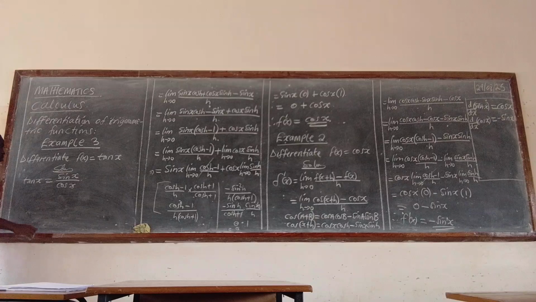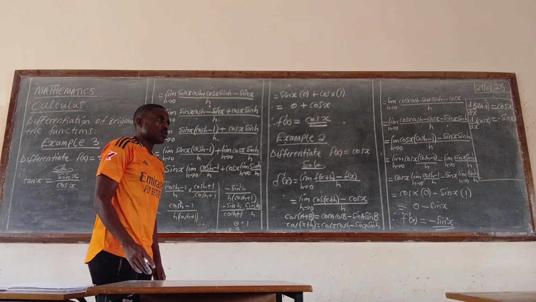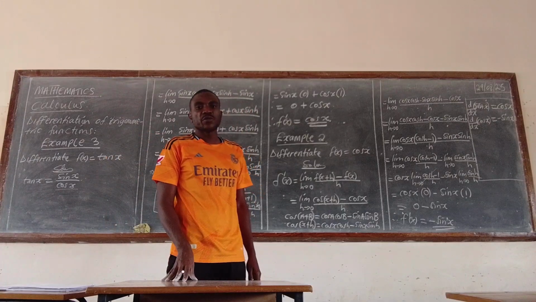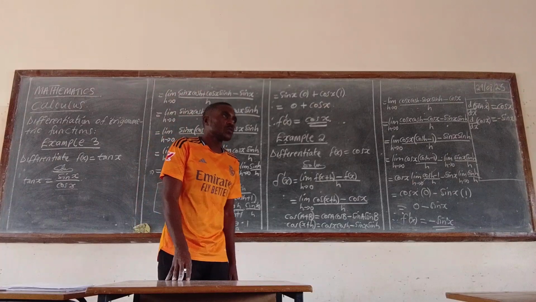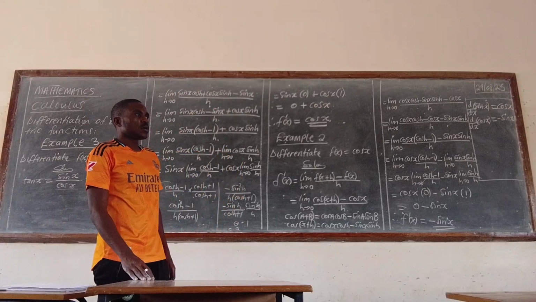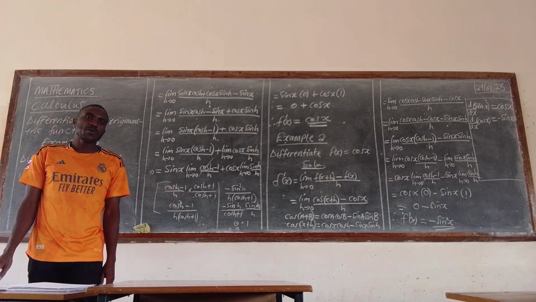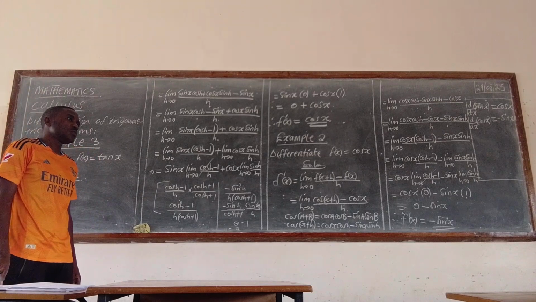Now, we're going to use this in order for us to differentiate this function. And remember I said we have so many ways of differentiating trigonometric functions. The first one I said was by using the first principle, and I said the quotient rule, the product rule, the chain rule.